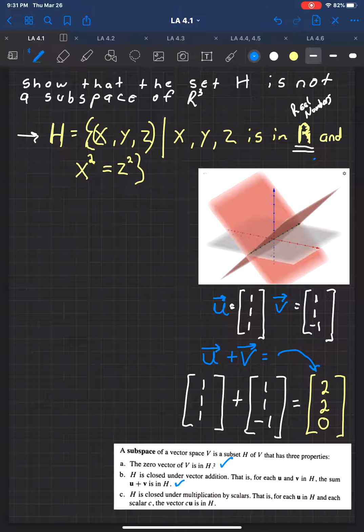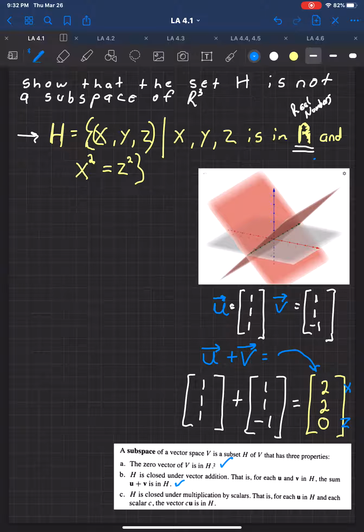Now let's go back up here and figure out if this new vector meets our requirement. Let's start with the easy one. X, Y, Z, they have to be real numbers. 2, 2, 0, these are real numbers in R1, so that's good. But now x squared has to equal z squared. So do you spot it already? If you have x equal to 2 and z equal to 0, 2 squared is 4, 0 squared is 0.